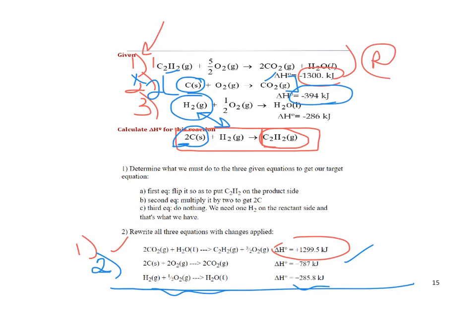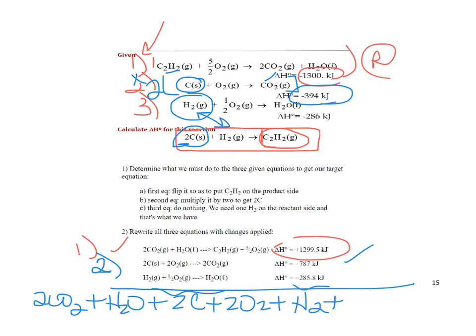So you're going to add all of the reactants for all 3 reactions, and then you're going to put your arrow and combine all of the products together.